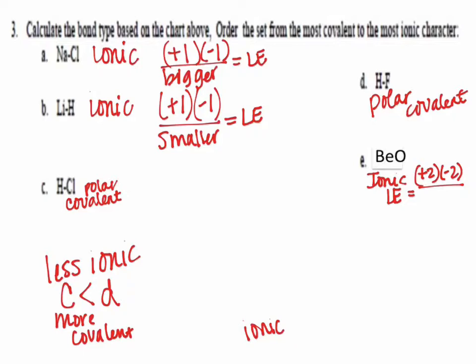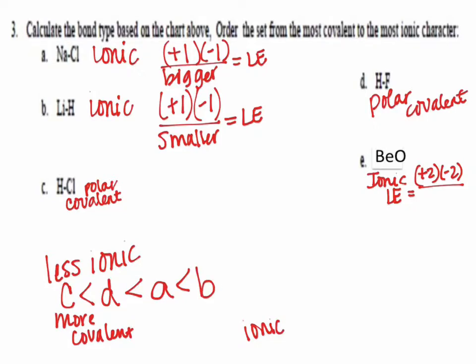So when we divide these, which one is going to give us the smaller number? A. So that means it is more covalent than B is, or less ionic.